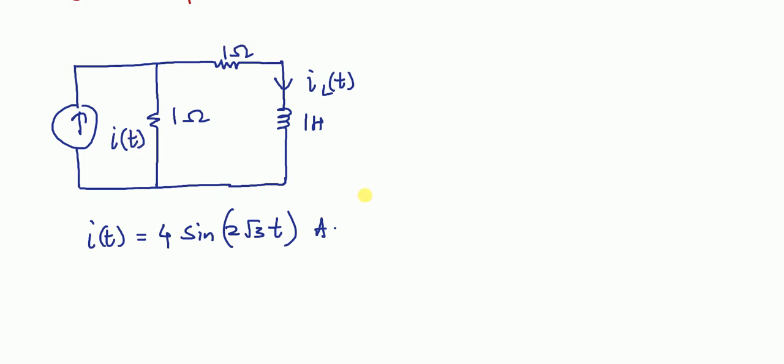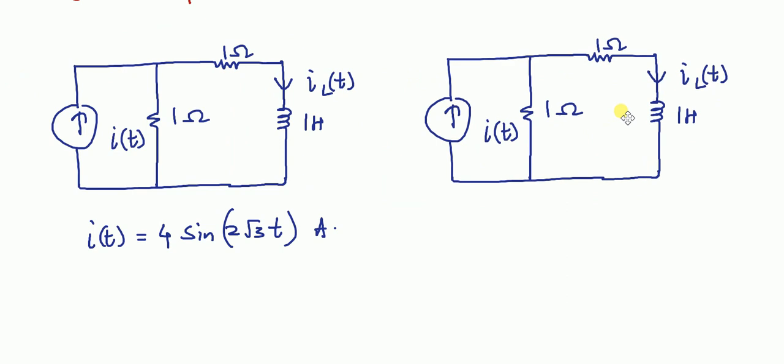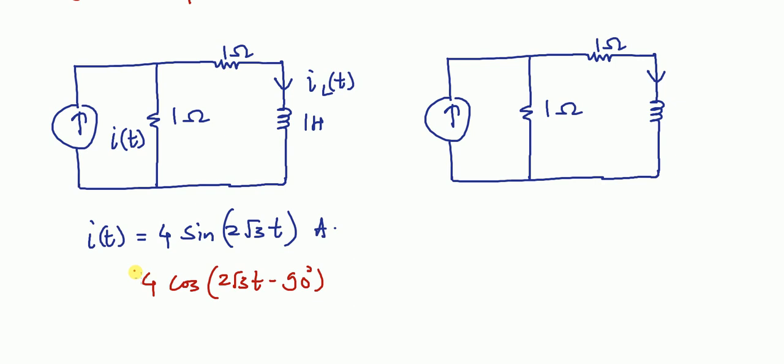Now again we will write this current source in phasor form, inductor in phasor form. So in phasor form, this is 4 cos(2 root 3 t minus 90 degree). So in phasor form, it is 4 at an angle minus 90 degree ampere. And for resistance remains unchanged.